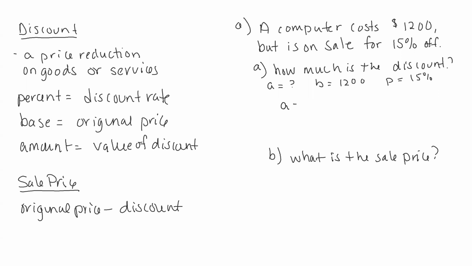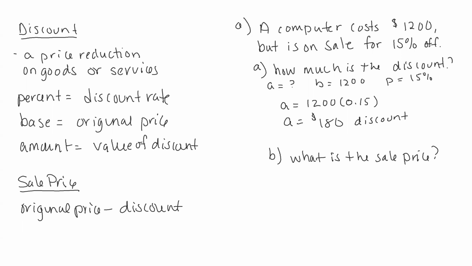So the amount equals the base times the percent, which we do know, sorry, that was my fault. The percent in this case is 15%, so it's going to be 0.15. Remember, you have to write your percent in decimal format. So 1,200 times 0.15 is 180. So this is a $180 discount.